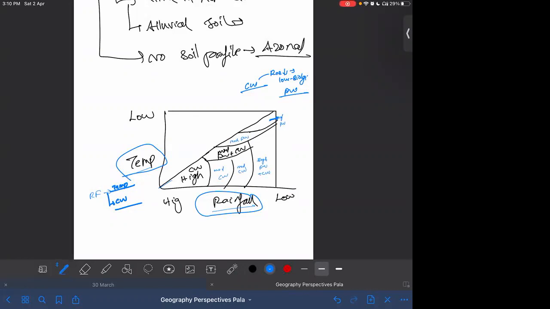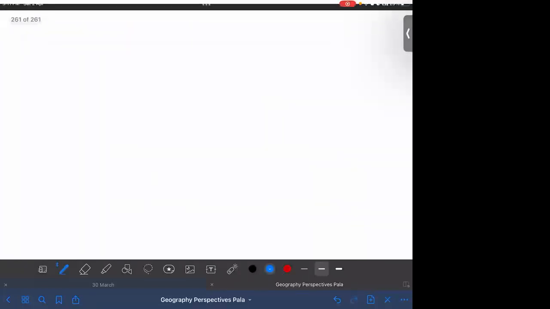It also determines other characteristics of the soil such as the soil texture, for example where physical weathering is dominant.